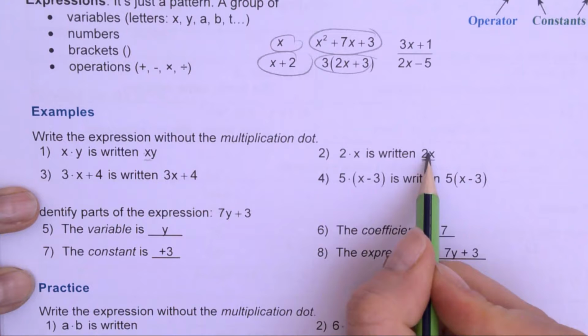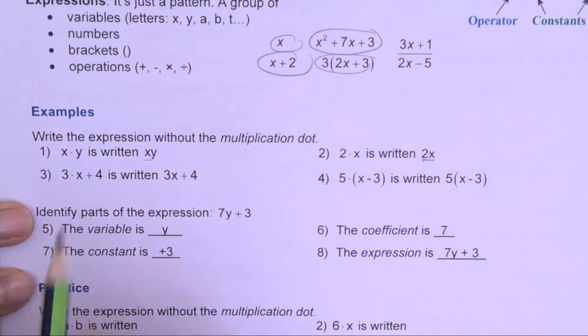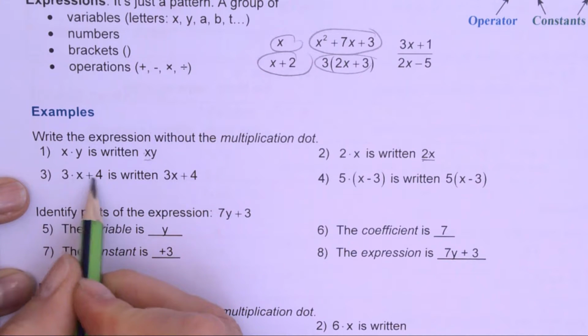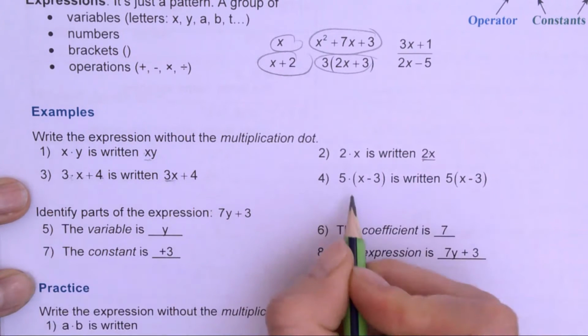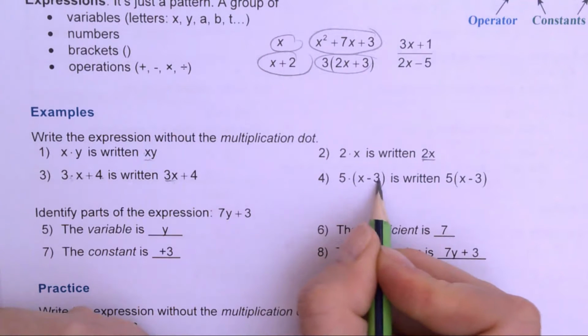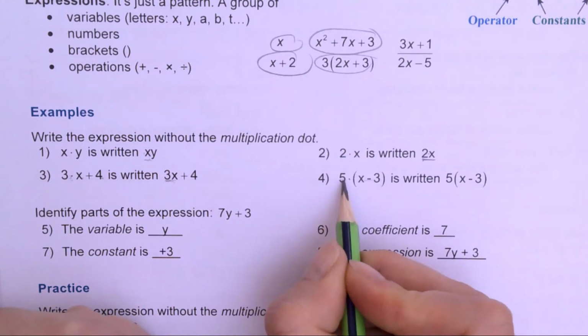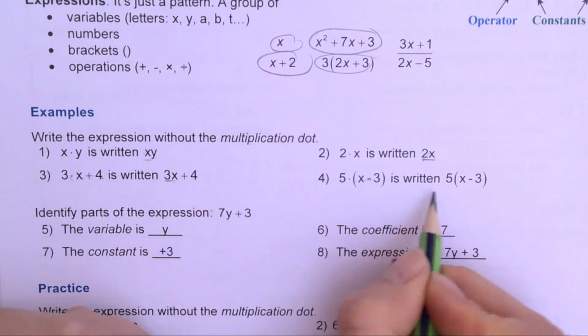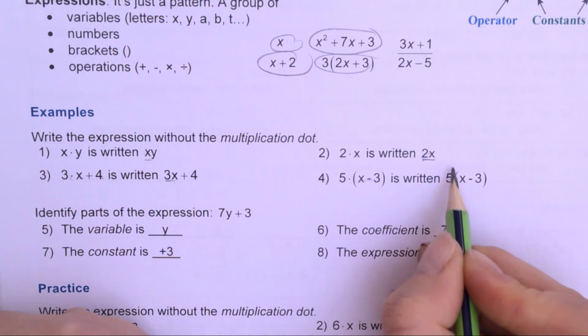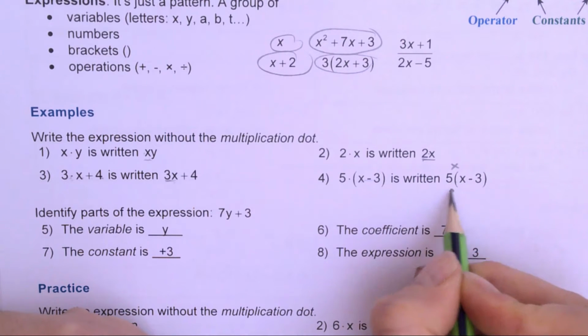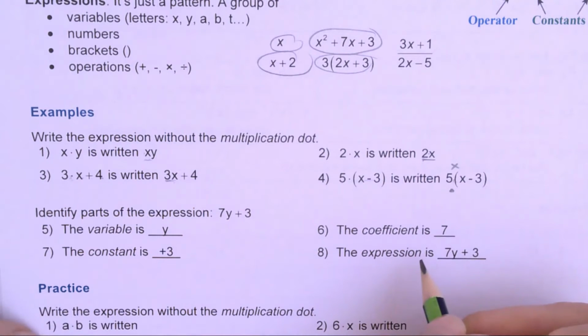And really there's a multiply hiding in between there. 3 times x plus 4, this is 3x. Take out the multiplication dot and just put it together. Here, if I want to say 5 times both of these things, I have to push the 5 so it's touching the bracket. So whenever you see a number touching a bracket, there's really a multiply hiding inside there. Okay.